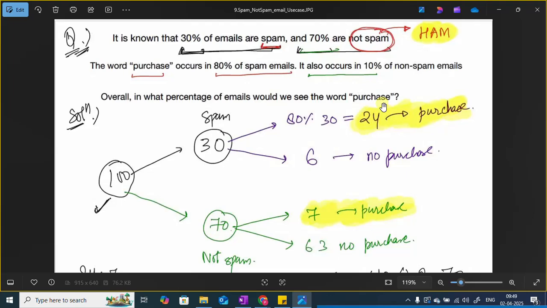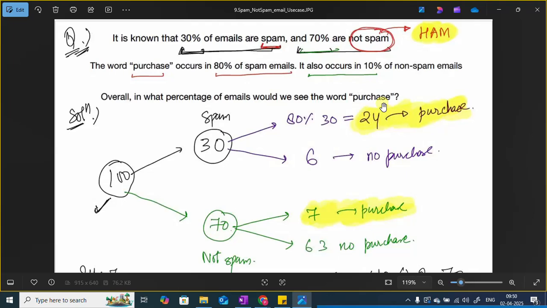Now it's telling that in the spam emails, the word called purchase occurs in 80% of the spam emails. It also occurs in 10% of the not spam emails. Now tell me, overall, what percentage has the word purchase present in the overall mail itself.